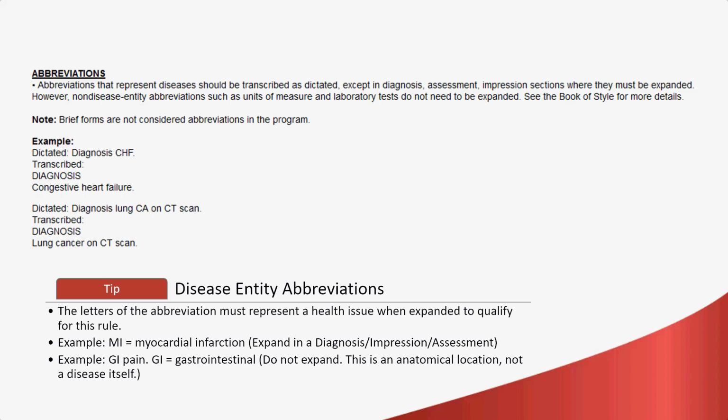So the words it expands to don't represent disease. Gastrointestinal is an anatomical location. So though GI pain is a health problem, GI itself is an anatomical location, so we wouldn't expand it. And also remember, say MI for an example, if they dictated that in any other section of the whole report, you wouldn't expand it. It's only in the diagnosis, impression, and assessment.